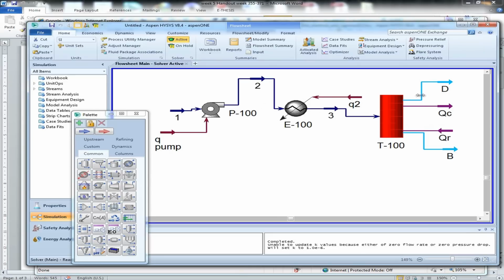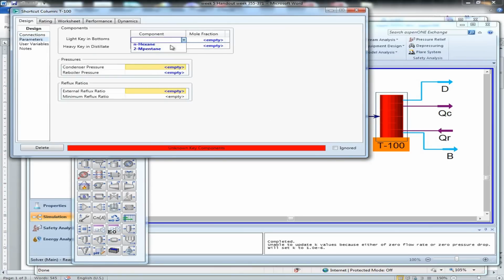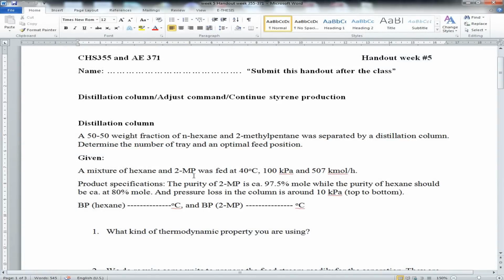We call 2-methylpentane the light key and hexane the heavy key.